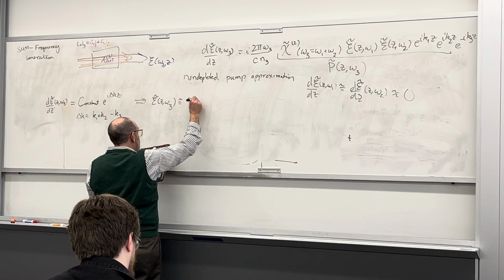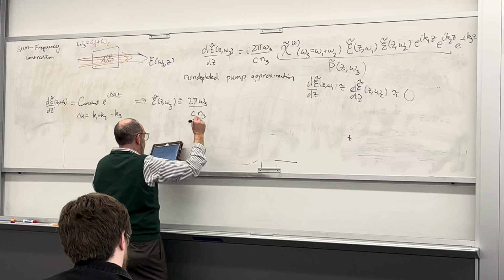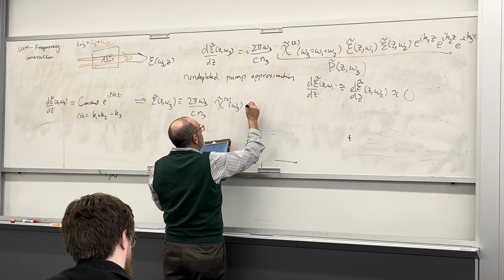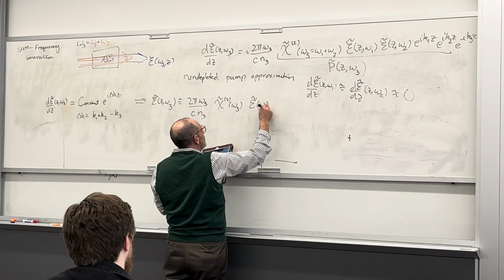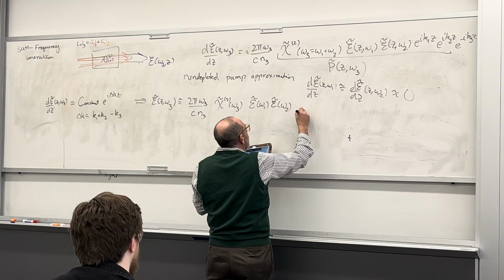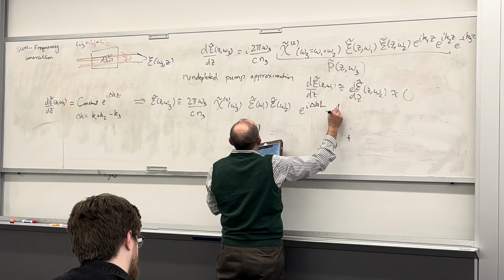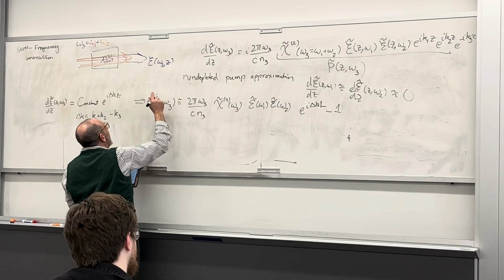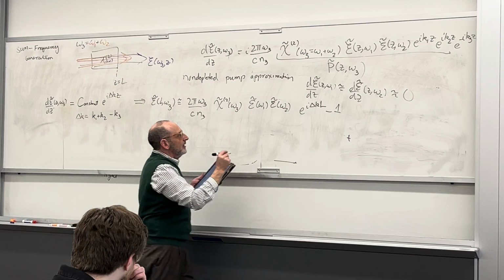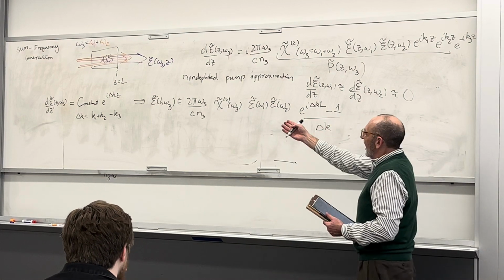It's approximately equal to 2 pi omega 3 over c times n at omega 3, chi2 at that frequency, the amplitudes, which we assume to be independent of distance, times e to the i delta k L minus 1, at the output, at z equals L, over delta k. That's just integrating that equation.